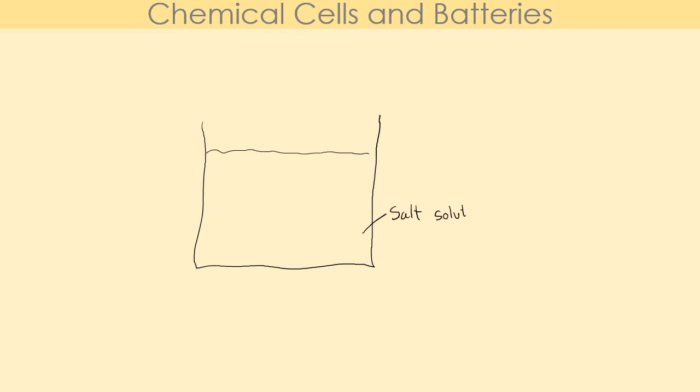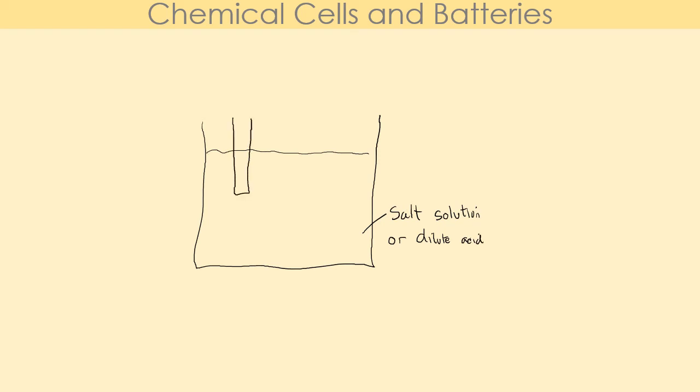We can use the reactivity of metals to make chemical cells, and we can combine those cells together to make batteries. Now, if we take a beaker and fill it with a salt solution or dilute acid, and place two electrodes in there.